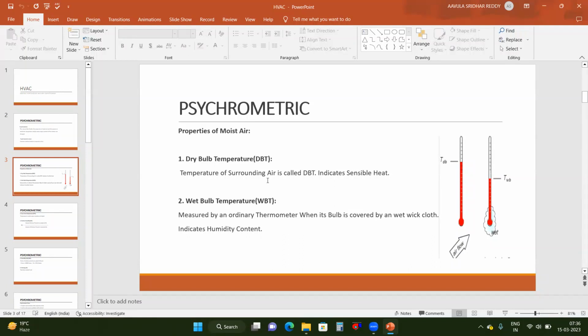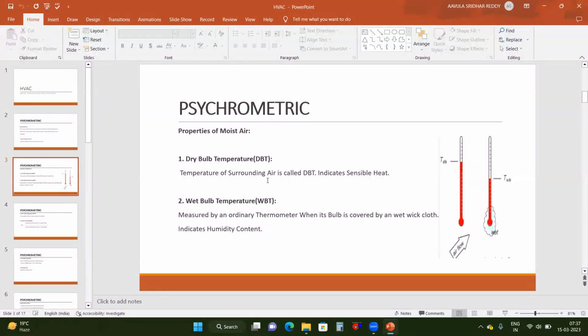For example, we say today it is very hot, the temperature is 40 degrees, 35 degrees centigrade. That surrounding temperature is what we call the dry bulb temperature. It indicates the sensible heat.